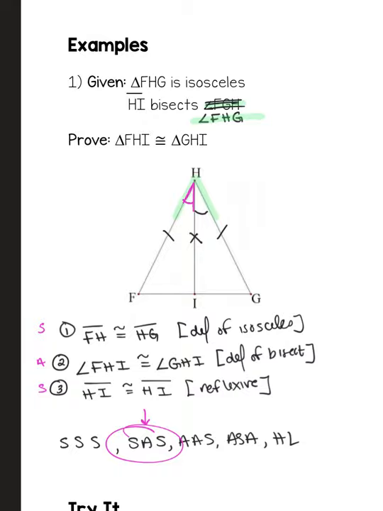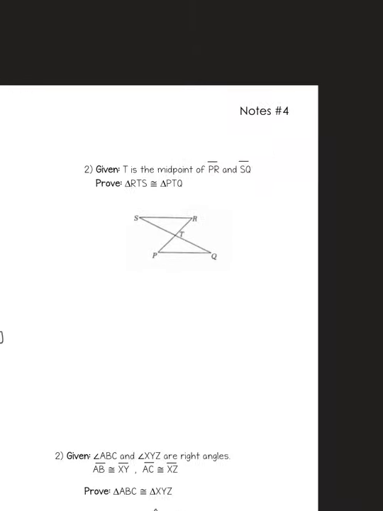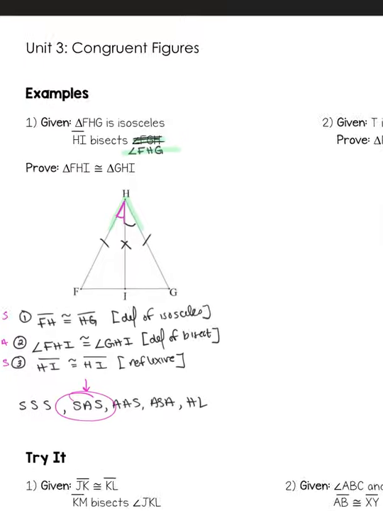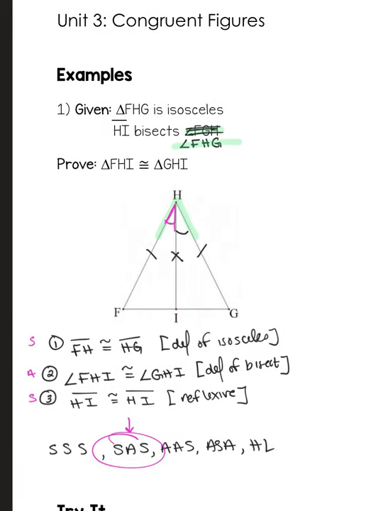Okay, we're going to do one more. Our given information this time: T is the midpoint of PR and of SQ. Oh, I'm going to back up for a second. When I'm looking at my given information, just from reading the information, I should know what I'm going to be drawing on my triangles.